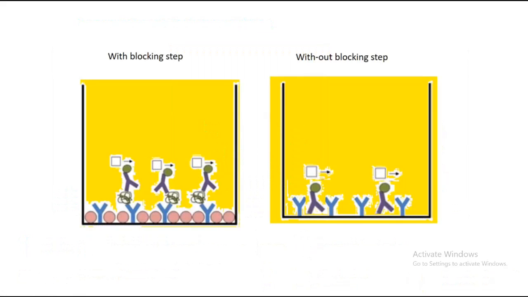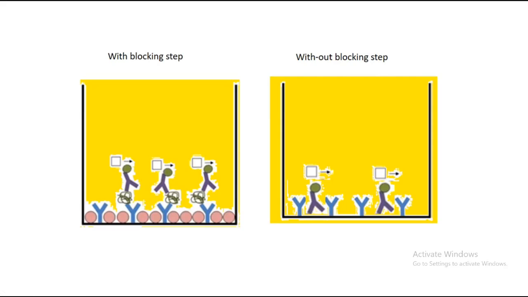Now, we talked about the blocking step. So why is it important? Because if you don't block the binding spaces on the plastic plate, as seen here, then what can happen is some of the antibodies and proteins that you add will actually stick to the plate and you'll get a false positive, okay?